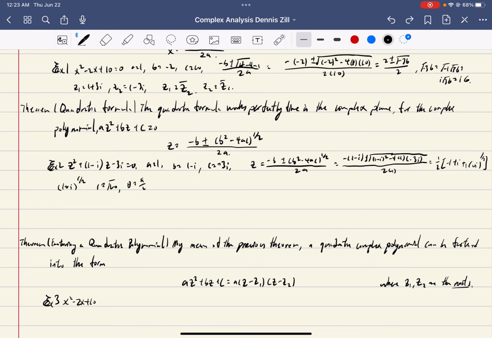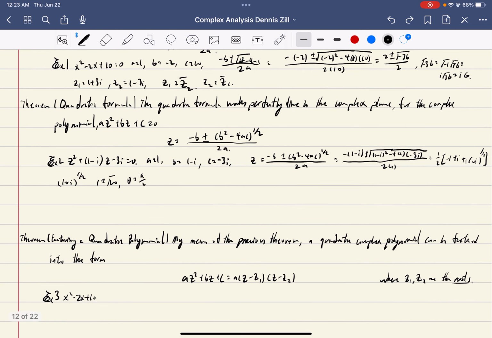We can write this as: if we want to find the root, z to the 1/2 is equal to w, then w squared is equal to z, right? Now we recognize that n is equal to 2, so k is equal to 0, 1, and it goes up to n minus 1, that's 1, right?